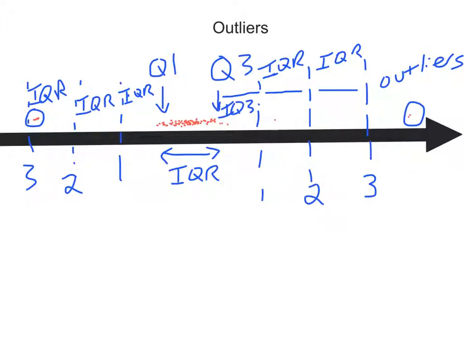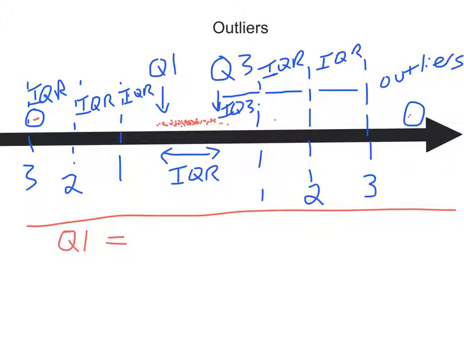Okay, now that you have the concept down, see if you can do this in your head. What if we have a data set and ask the computer to find our first quartile and it equals a value of 50, let's say, grams. And the third quartile the computer identifies as 60 grams.